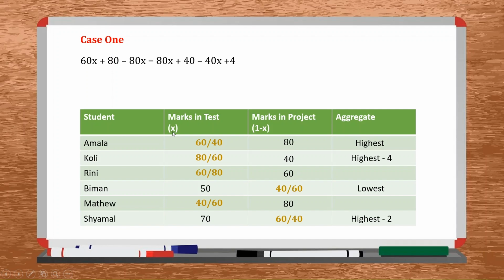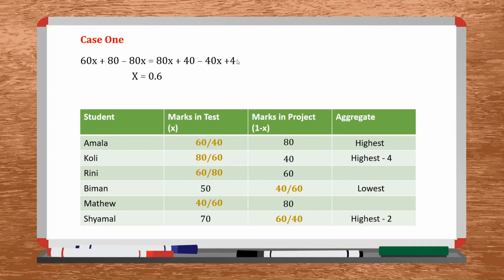So 60 into x plus 80 into 1 minus x will be equal to 80 into x plus 40 into 1 minus x plus 4, because Kohli has 4 marks less than Amla in this case. That's why we have this particular equation. If we solve this equation for case 1, we get the value of x as 0.6.